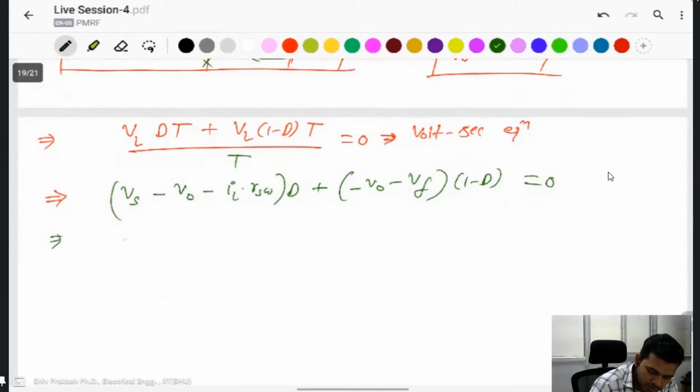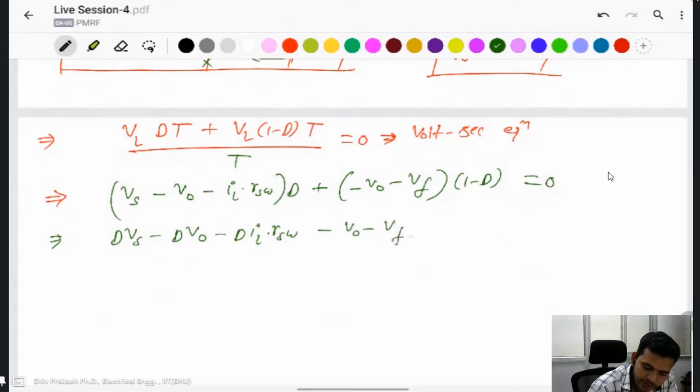Solve the equation. dVs minus dV naught minus d IL into RSW, minus V naught minus VF plus dV naught plus dVF is equal to 0. dV naught cancels out.